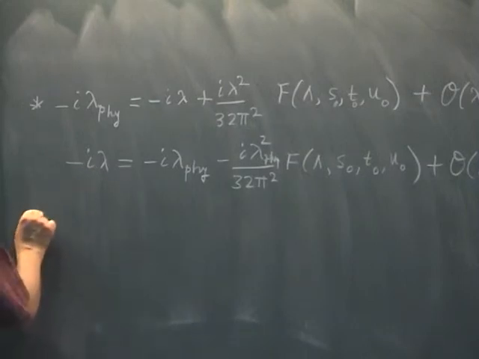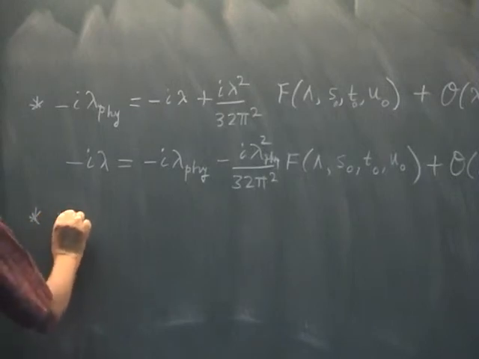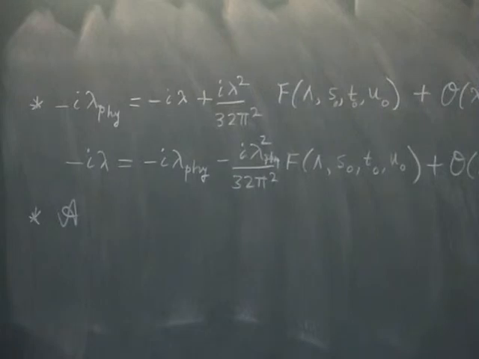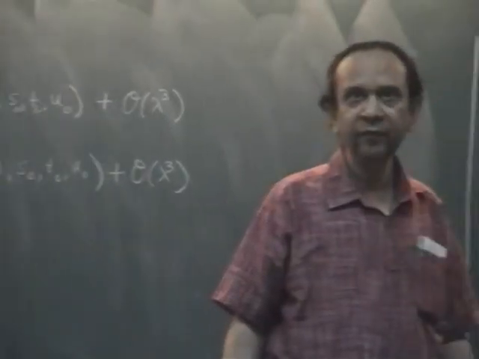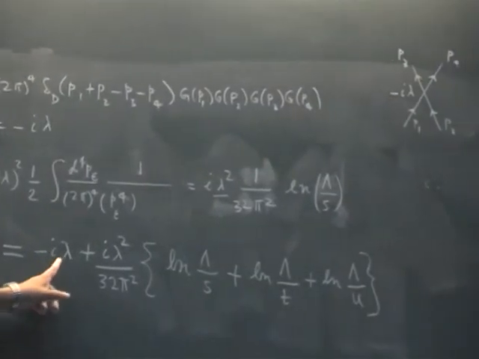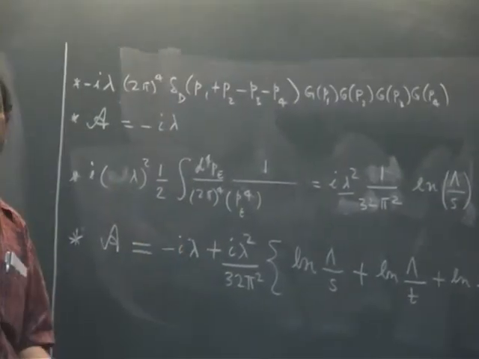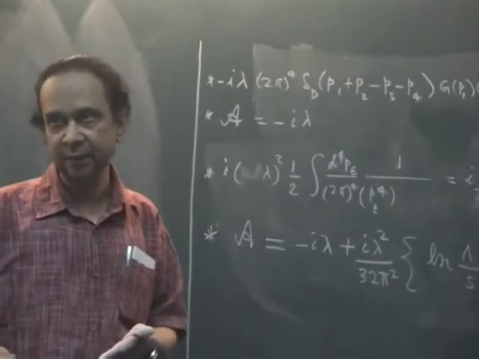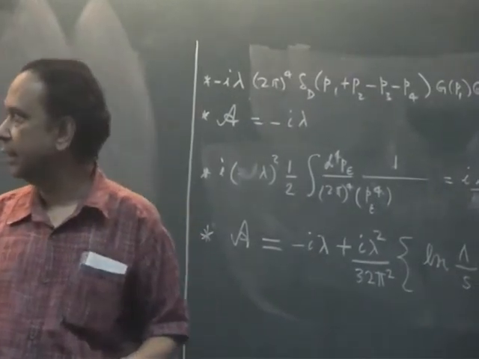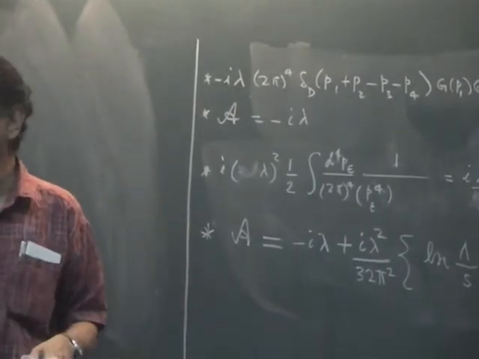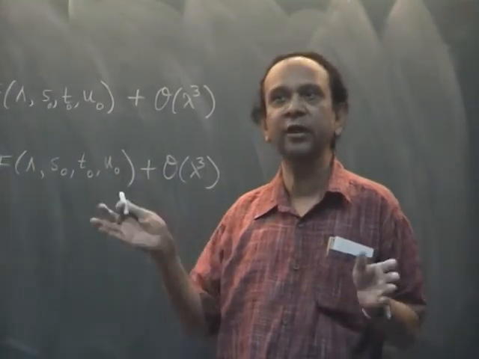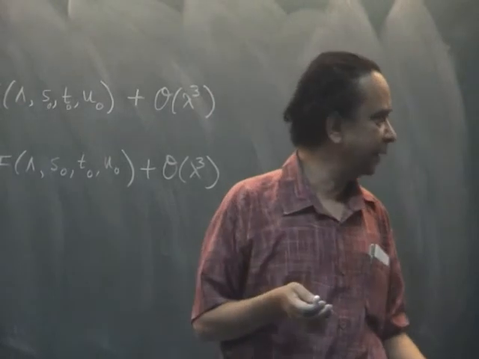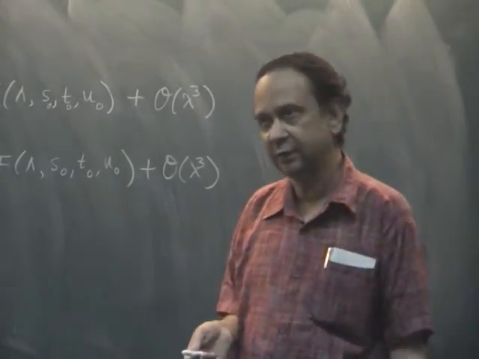We are calculating the scattering amplitudes at some arbitrary s, t and u. You do some scattering experiment and you get this result. This is the answer. But we don't want the answer in terms of some Greek letter in the Lagrangian, we want it in terms of something which somebody has observed. Somebody has found that lambda physical, they know the value of this, it is 0.3, when s0, t0, u0 has some particular value. So we are going to rewrite it in terms of that. So we substitute for this.